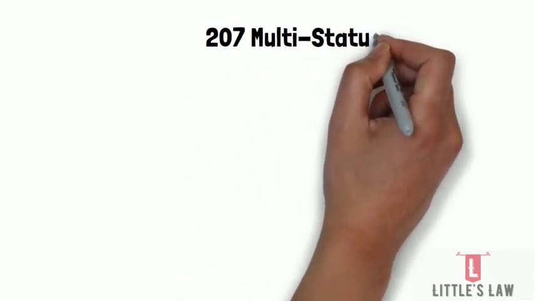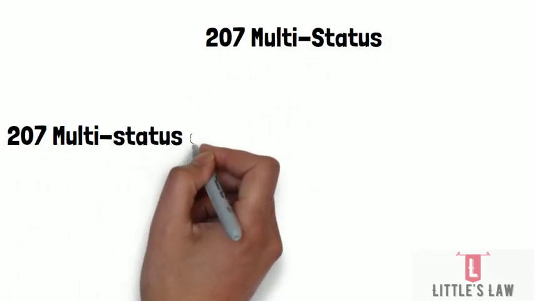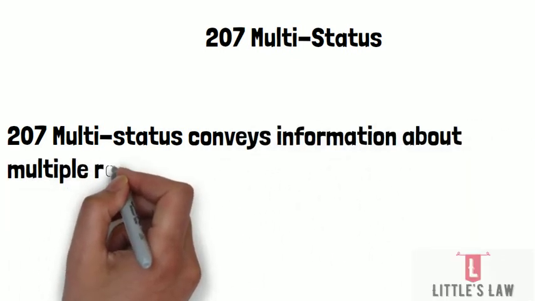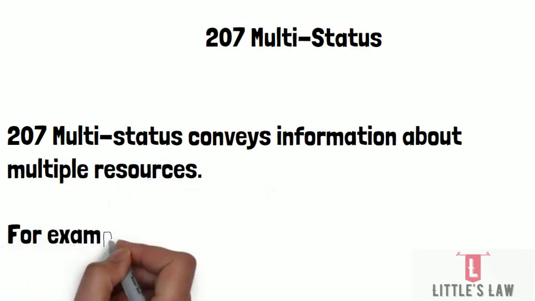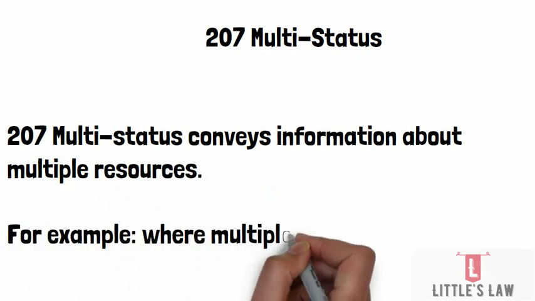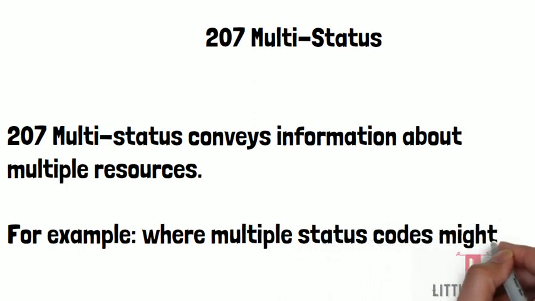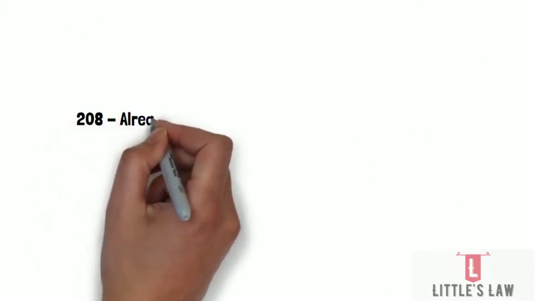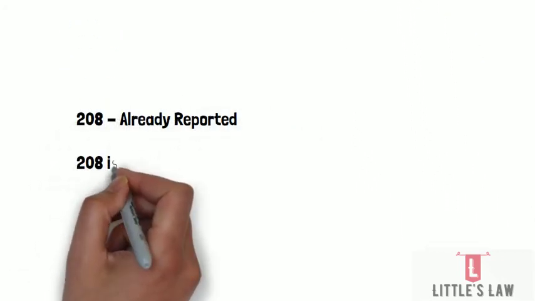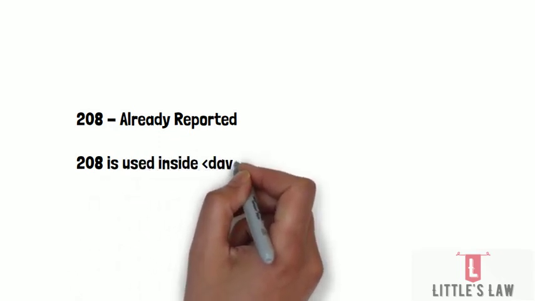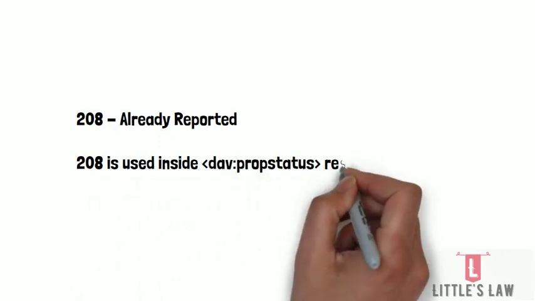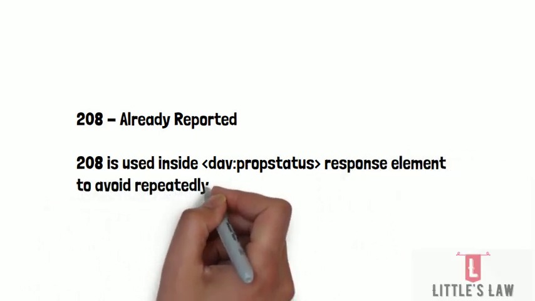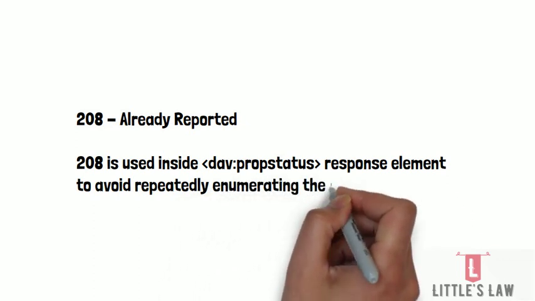The eighth 2XX response code is 207 Multi-Status. This conveys information about multiple resources for situations where multiple status codes might be appropriate. The ninth HTTP 2XX response is 208 Already Reported, and this is used inside a DAV propstat response element to avoid repeatedly enumerating the internal members of multiple bindings to the same collection.